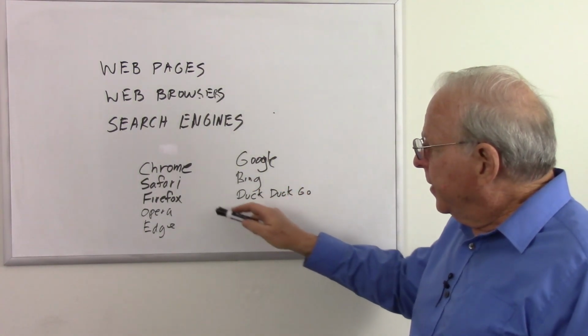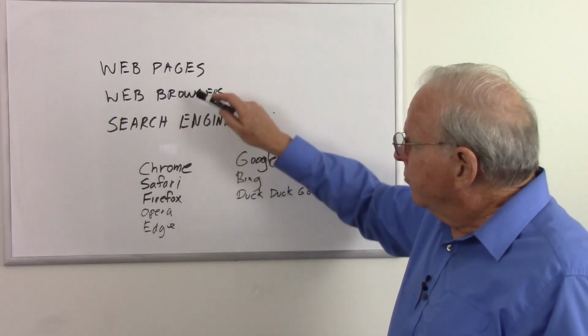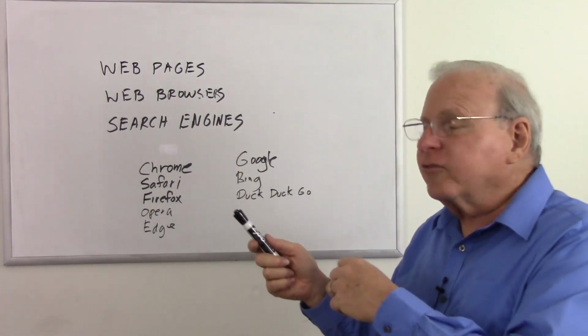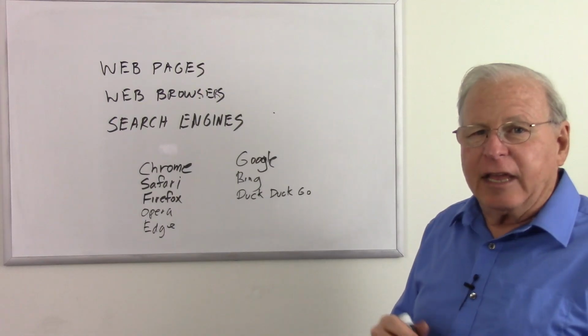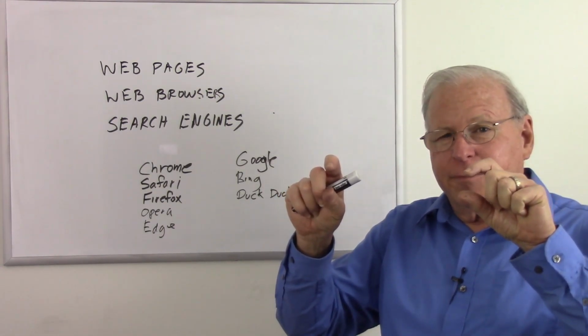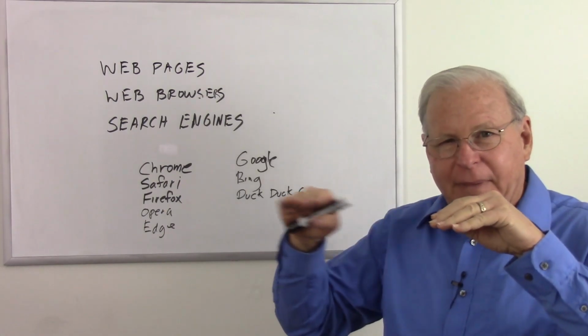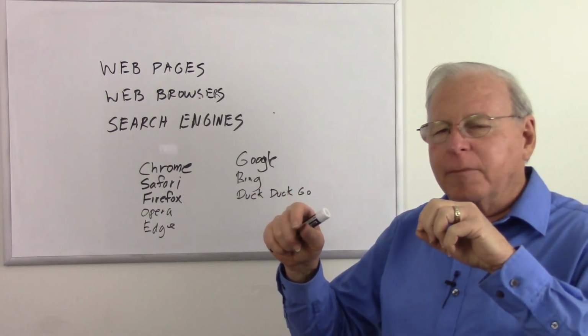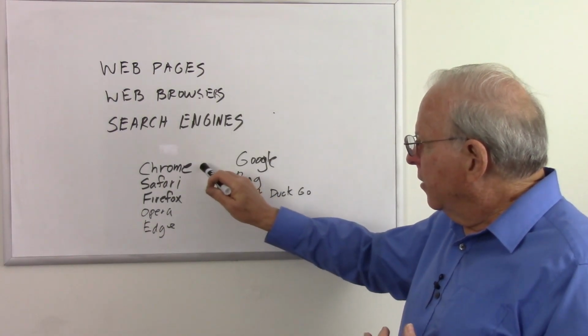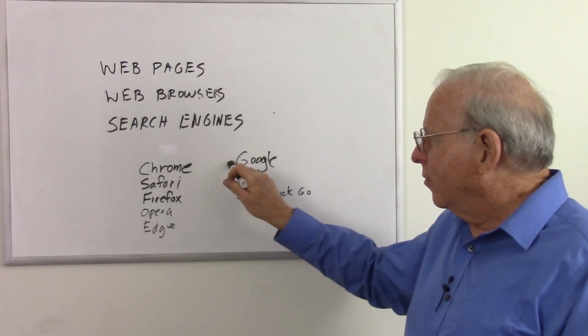Oh, and by the way, all of these browsers, these are the web browsers that allow you to go to the web servers, will each have a default search engine. So you can type an address in the address bar, a domain name, or a path to a file, or you can type a search term. And whichever is the default search engine, it'll turn over to that. So Chrome is going to go to, guess what, Google.